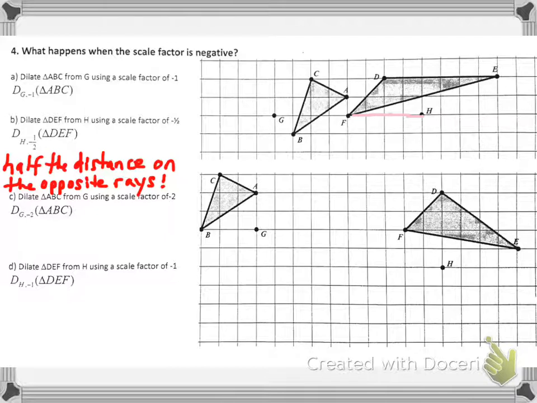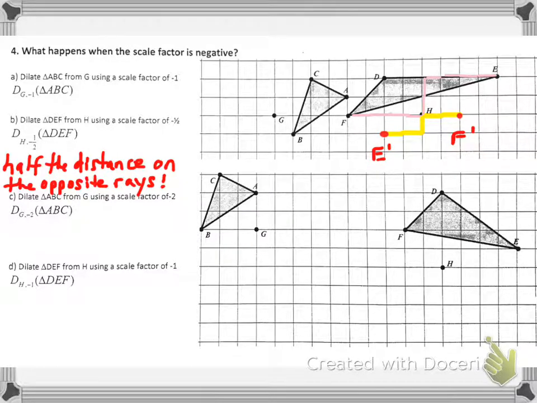So you can see I'm looking at triangle DEF over here, and from H to F, if that goes left 1, 2, 3, 4, then we're going to go to the right just 2, because half of 4 was 2, but I now need to go to the opposite side of H. And then from H to E, if you go up 2 and right 4, instead you're going to go down 1 and left 2. And there's your E prime.